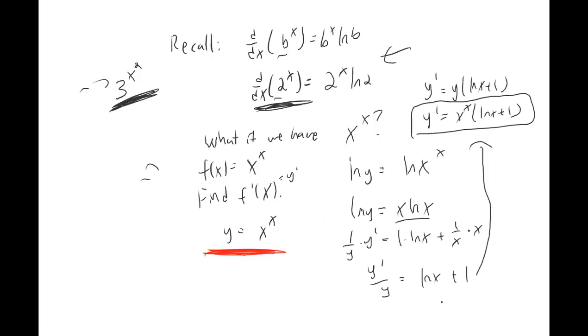If you go back right here, there are two ways, right? You could use the chain rule by using the inverse property, or you use implicit differentiation. Whichever one works for you.